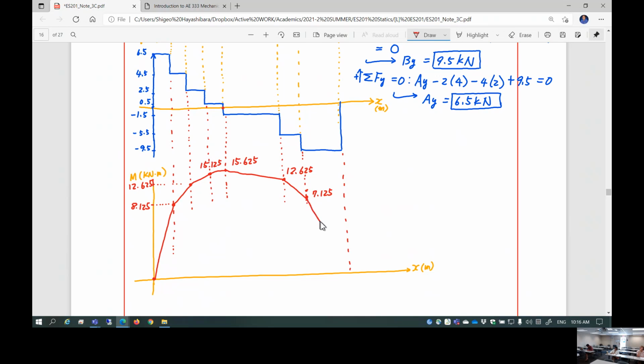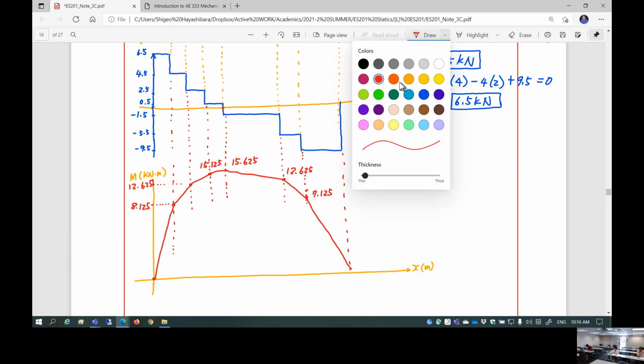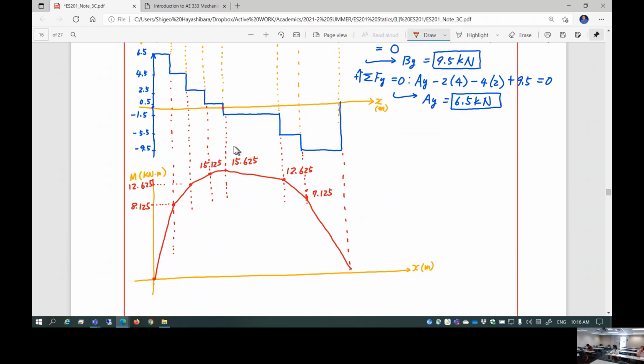Go all the way back to 0. This is the moment diagram. And then by drawing shear and moment diagram, important information you can discover is, hey, this is the maximum value of moment. Okay. This is a critical point when you design a beam.